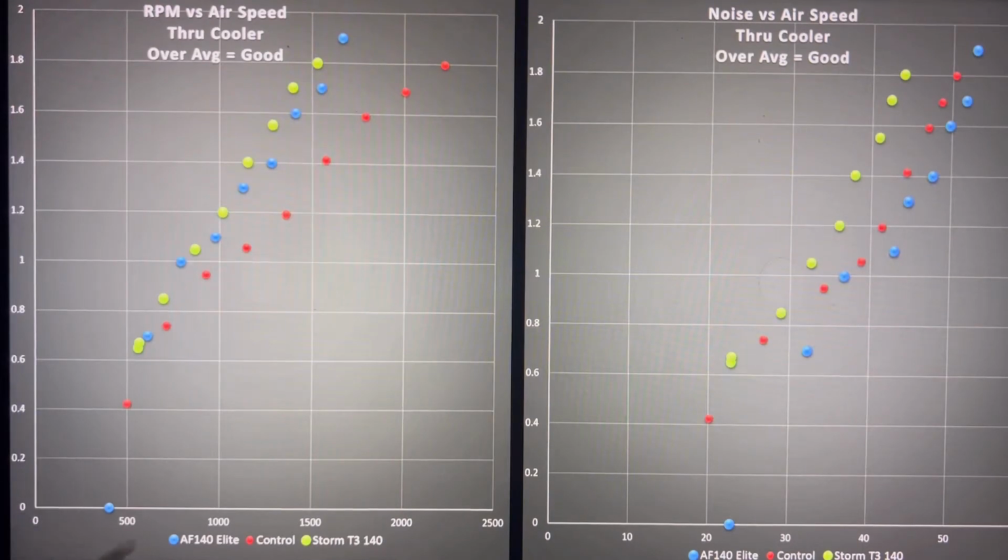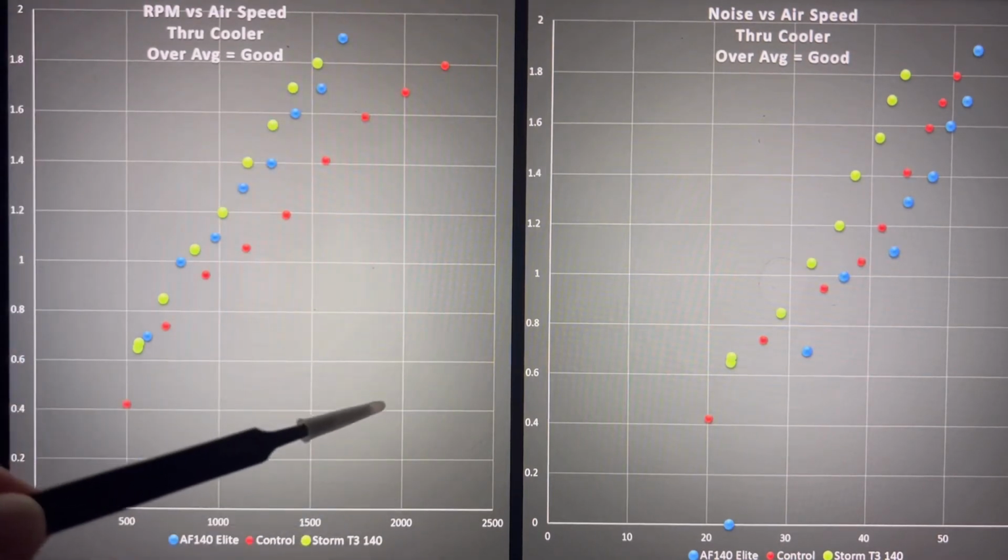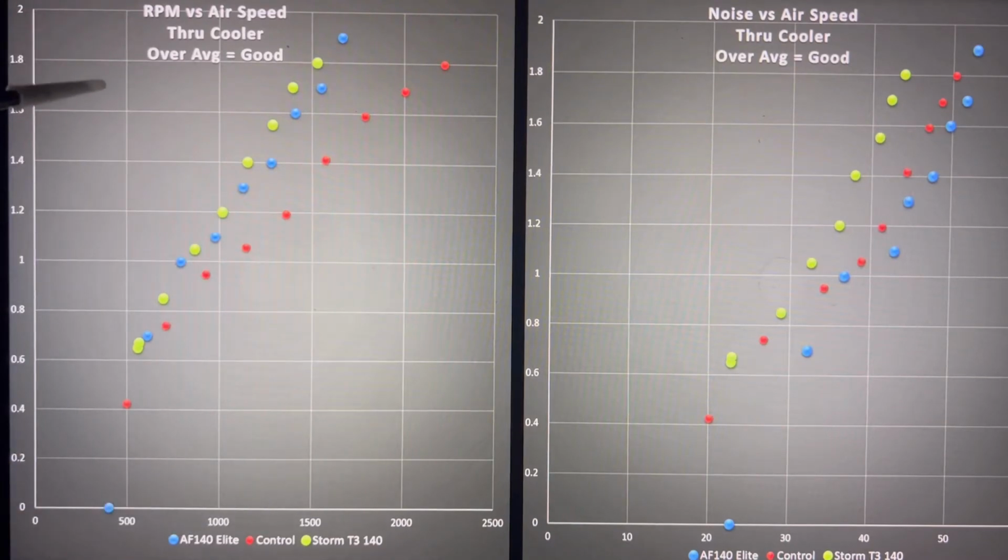In these graphs, the Corsair AF is represented by the blue line, the Storm is represented by the green line, and my control is a red line. So in these graphs, over here in the bottom right is bad performance, in the top left is very good performance, and that's true on basically all the other graphs except for pure airflow reading type ones. So quickly, what are we seeing on this? For blade efficiency, this is how good the blade performance is on the fan itself, not how good it is on a noise profile.